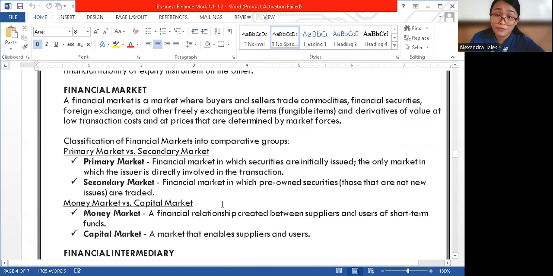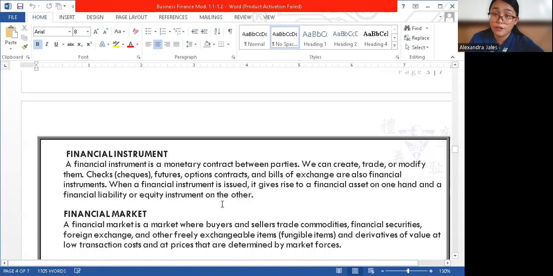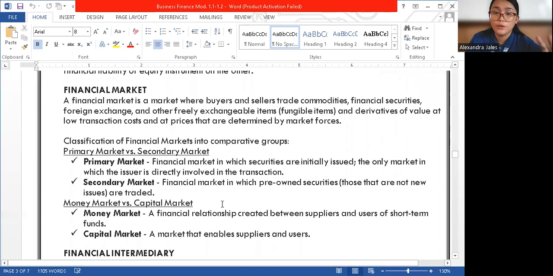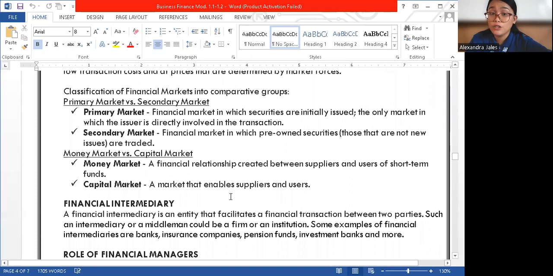So take note of the following. We have your financial system. Your financial institution is important. Your financial instrument, your financial market, these are important. Take note, your financial intermediary could be your bank.